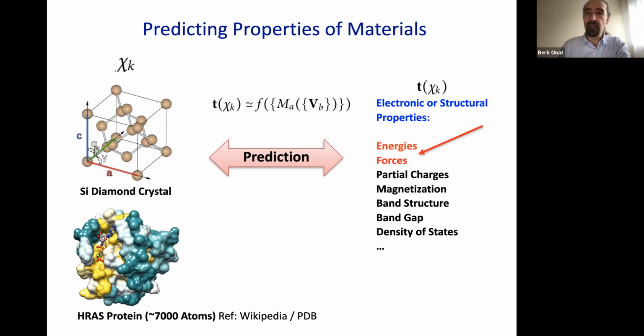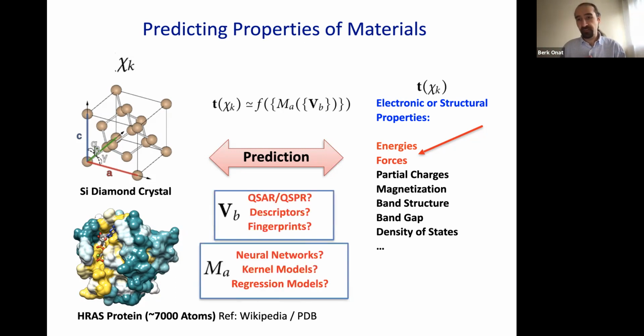When we are talking about machine learning interatomic potentials, the important part is the energies and forces, because we would like to consider the potential, right? Here this problem can be seen as a regression model, a kernel model, a neural network, or simply a linear model.